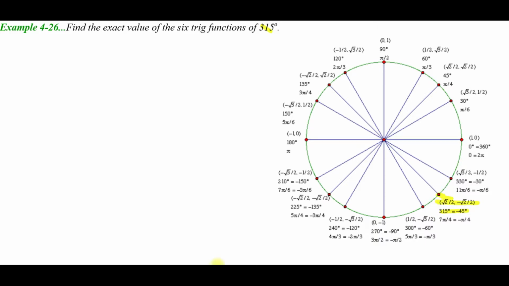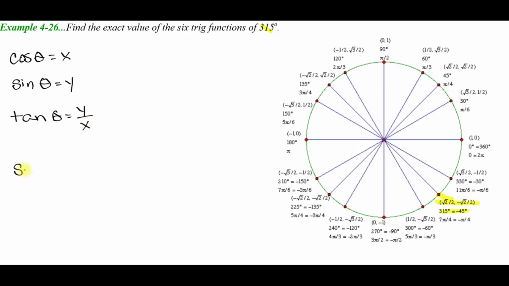And then what we have to remember is that the cosine value is my x-coordinate. The sine value is my y coordinate. My tangent value is y over x. And then we can also do our reciprocal functions using our definitions.